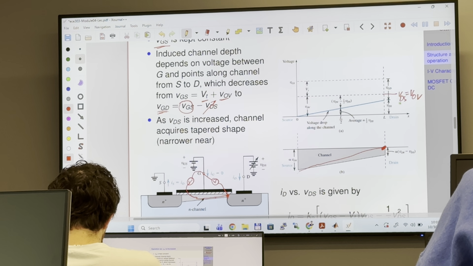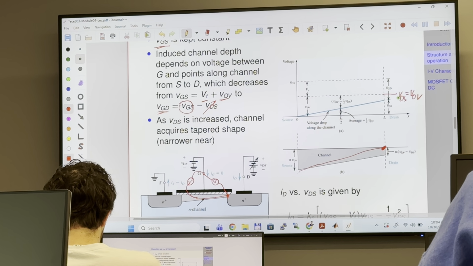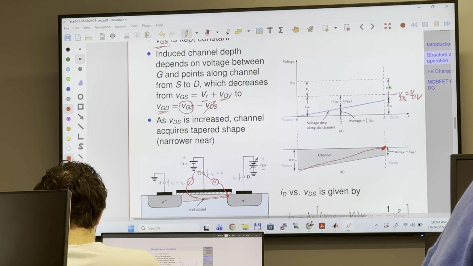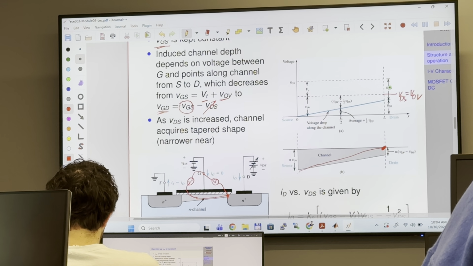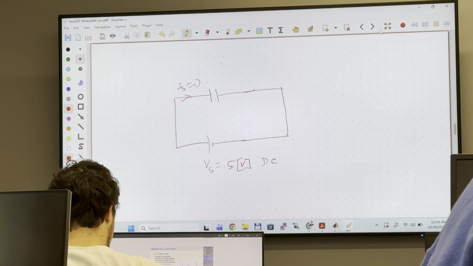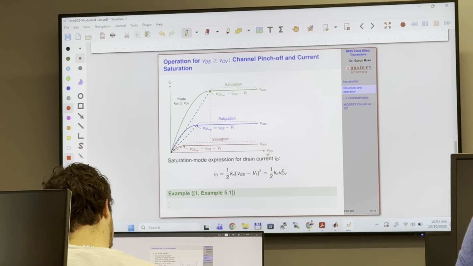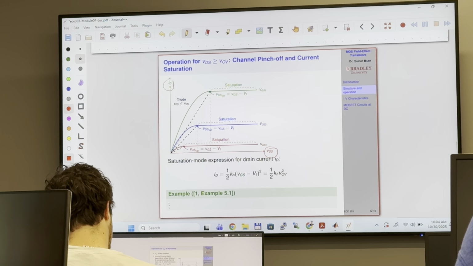And after that, if you increase VDS and it becomes large, VGD is going to be less. So regardless of how much your VDS is, current is going to be constant. And this mode is called saturation. So here is your VDS, and this is your ID.